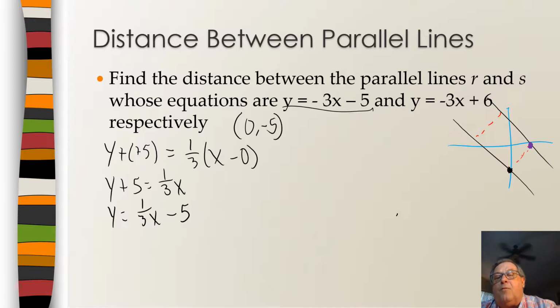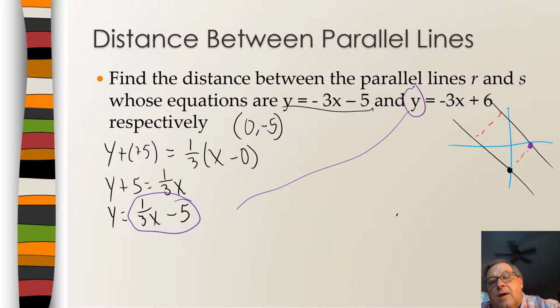So if I say that y equals this, we can solve for that point of intersection, and I'm going to substitute this for y. So now I'm going to have 1/3 x minus 5 equals negative 3x plus 6.